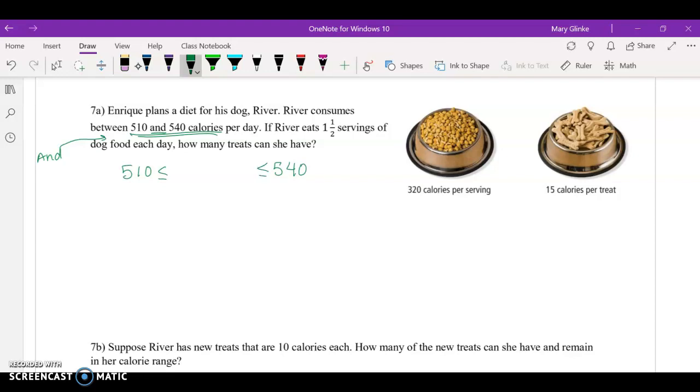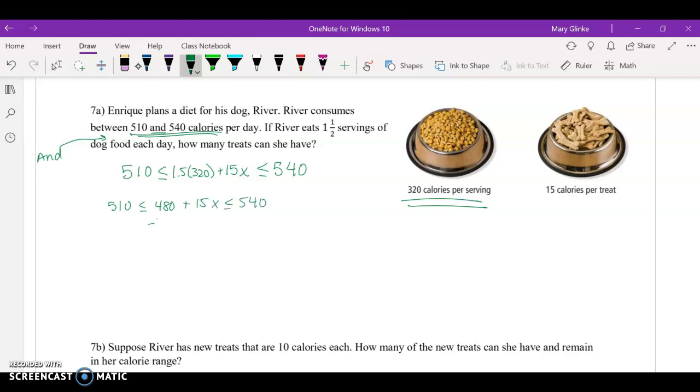So River right now eats 1.5 servings of dog food, which right now has 320 calories per serving. And we want to figure out how many treats. Now each treat is 15 calories per unknown number of treats. So we want to set this up and then we want to go ahead and solve this. So 1.5 times 320 is 480.